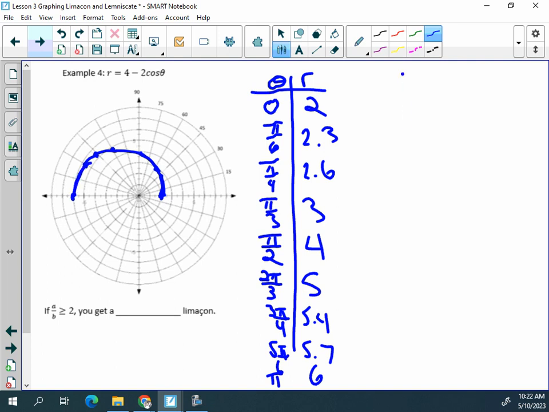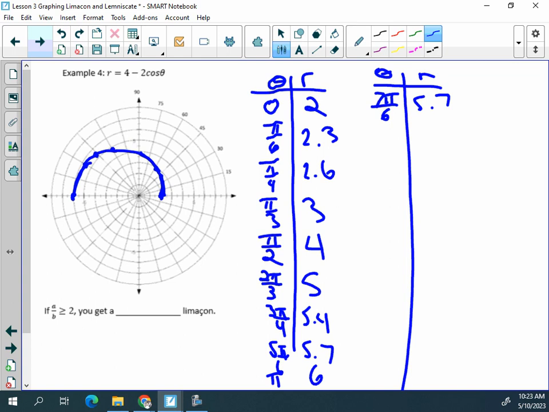All right, now we're going to finally get to see some symmetry. So if we plug in 7 pi over 6, cosine of 7 pi over 6 is negative square root of 3 over 2 times negative 2 is square root of 3 plus 4 is at 5.7. So that'll be somewhere around here.